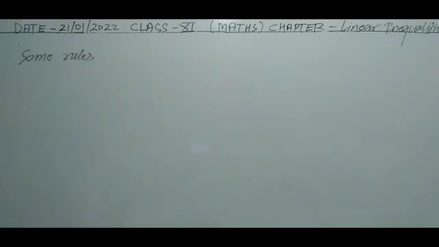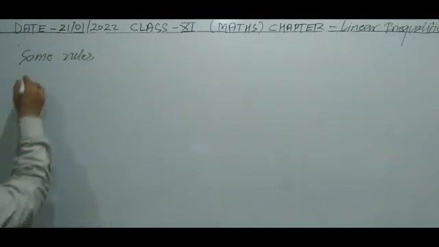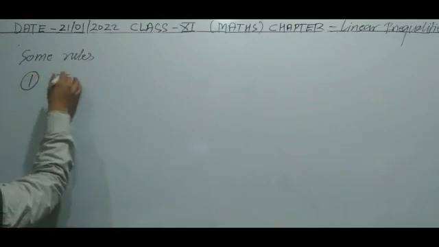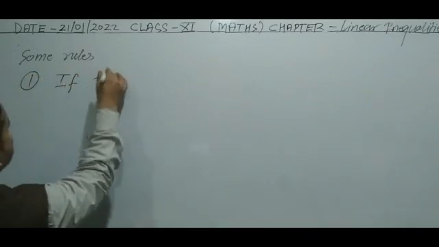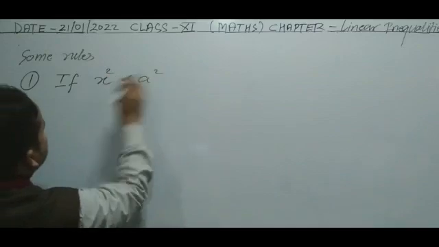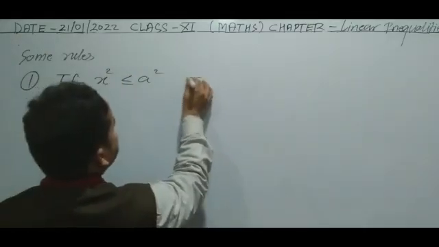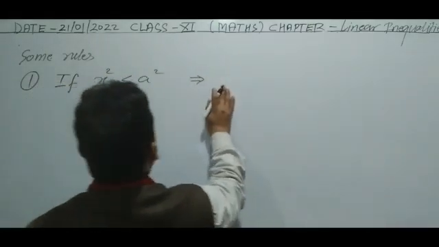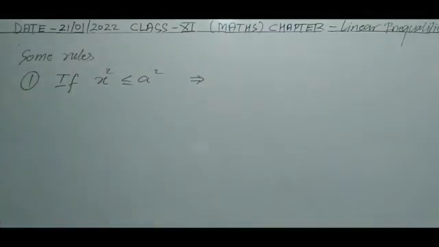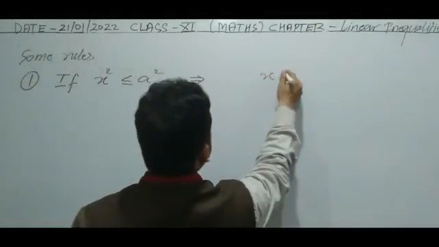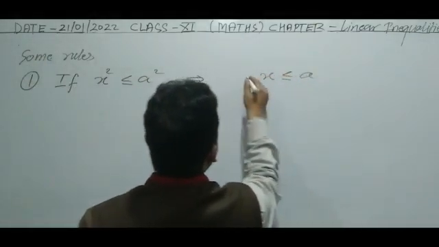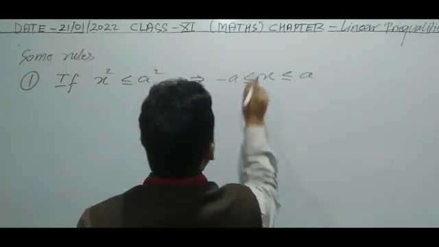First rule: if x square is lesser equal to a square, this implies we have to write x is lesser equal to a or greater equal to minus a.